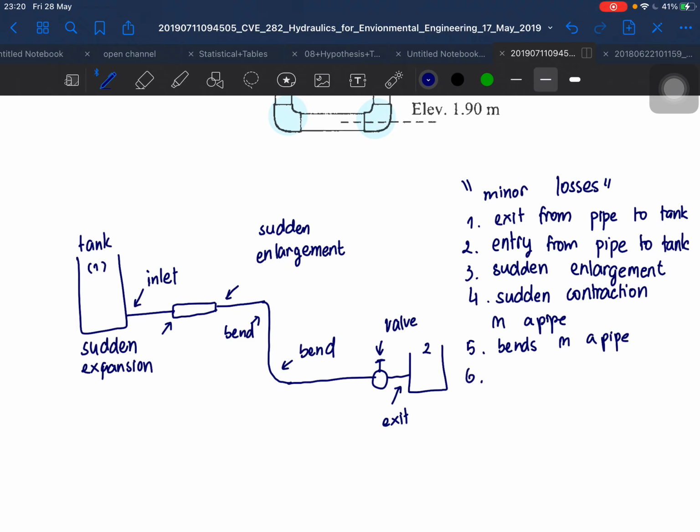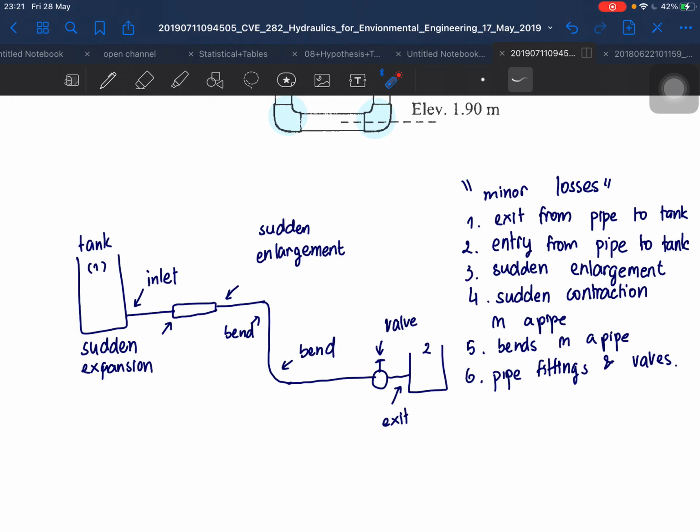Finally, other sources of restriction, so we can say pipe fittings and valves. These are the main points that we need to consider as categorized as the minor loss, because other things can be the major losses.